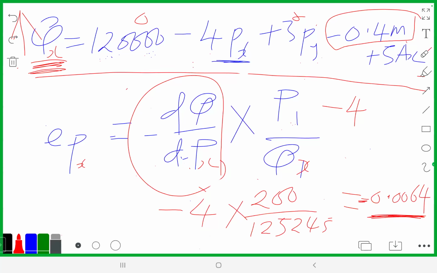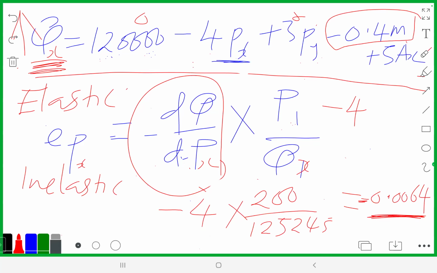Now, is this price elasticity inelastic or elastic? Is it elastic or inelastic? Since it's on the negative side, it's inelastic. It is inelastic. Right.